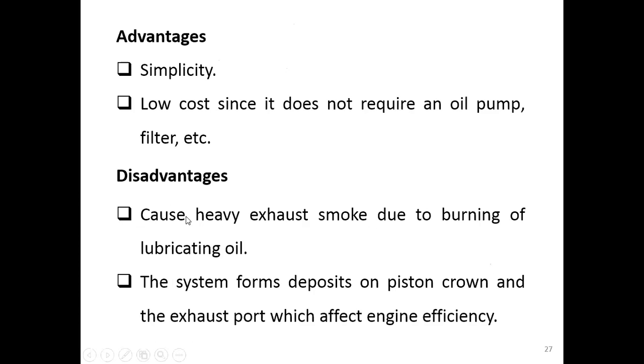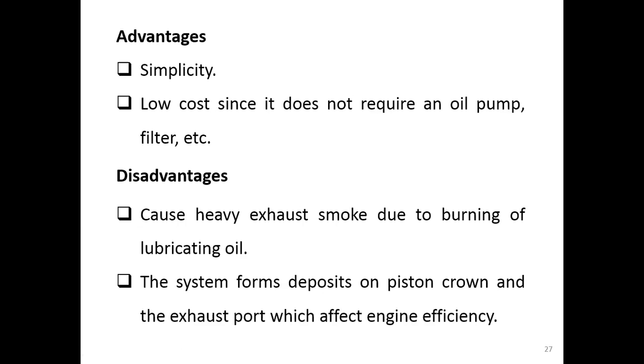But the disadvantages are what? The system can cause heavy exhaust smoke because of the burning of the lubricating oil. Due to what? When fuel vaporizes, it might bring with it some of the lubricating oil to mix with the air.